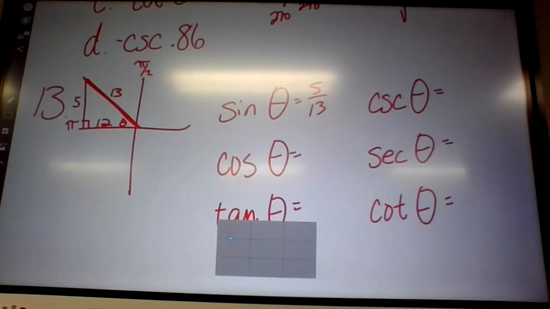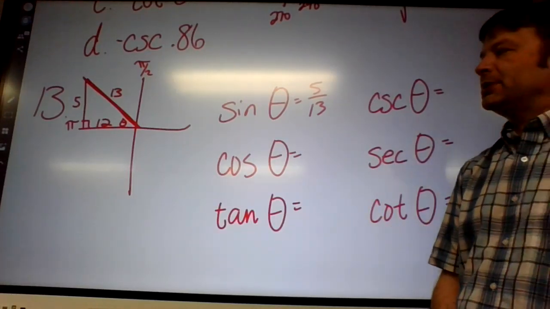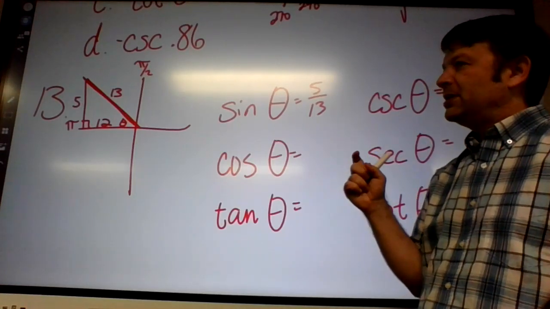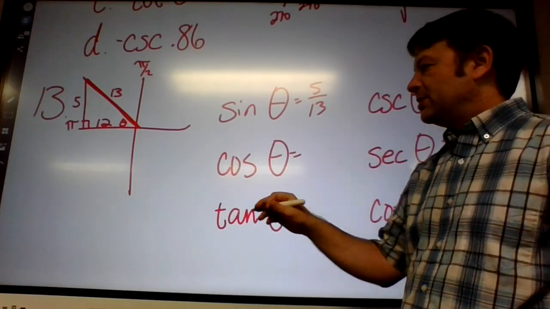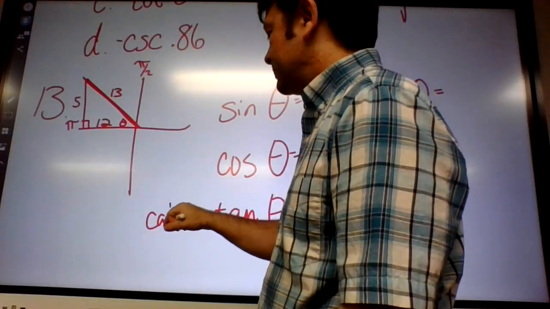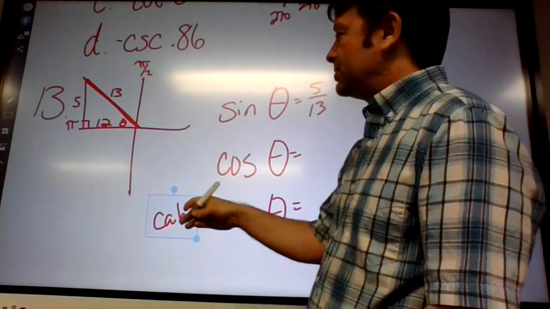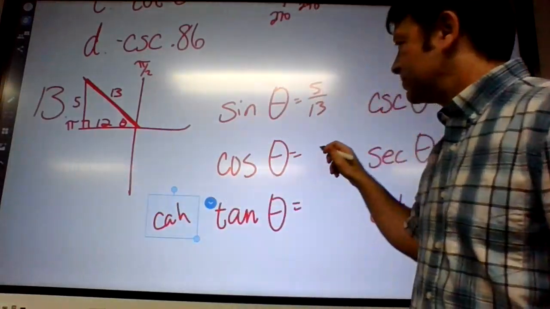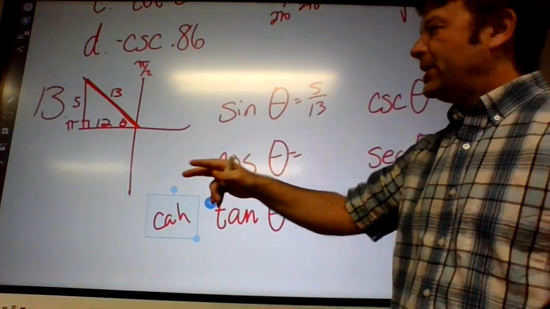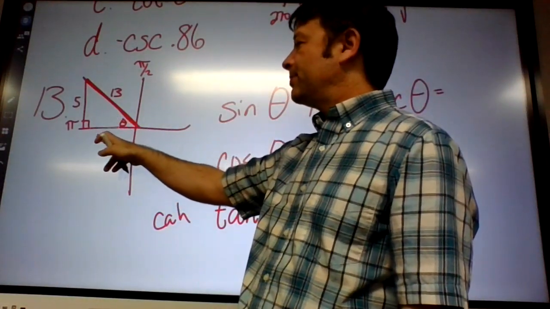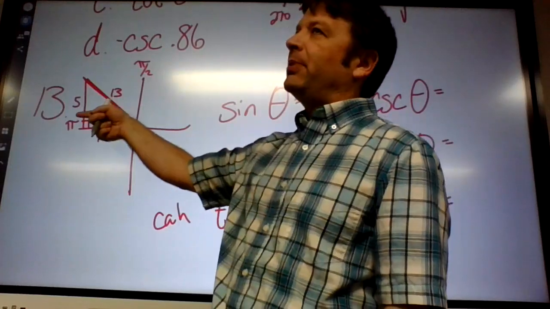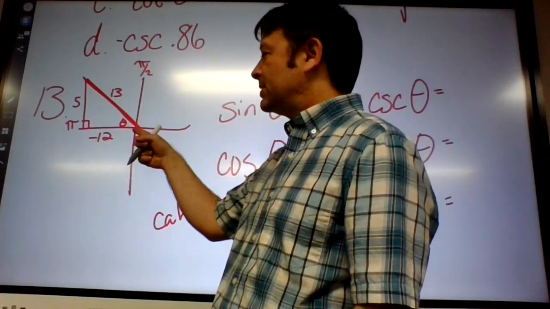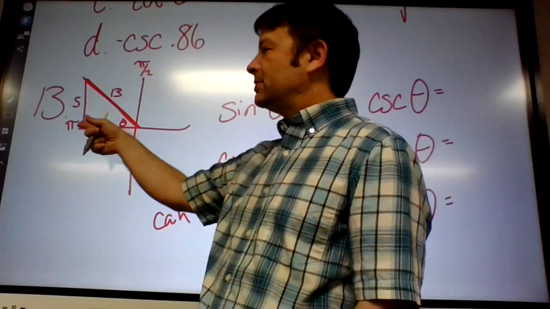Okay, what is cosine supposed to tell us with SOHCAHTOA? Opposite over hypotenuse. That's sine. Oh, Ca, adjacent over hypotenuse. Here's the thing though. This 12, since we're going backwards, is actually a negative 12 because the x value is going to the left.